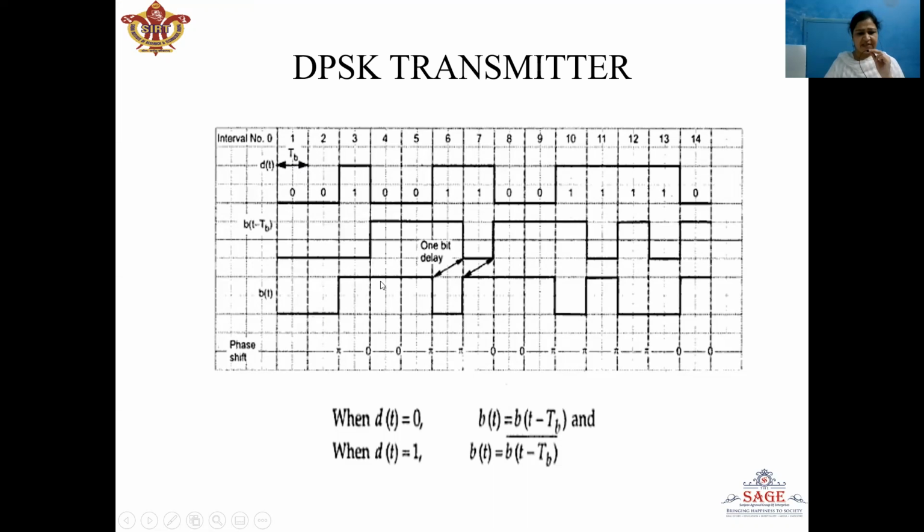Now by observing the waveforms of BT, BT minus TB and DT, we will see that when DT is equal to 0, BT and BT minus TB are exactly equal. But when DT is equal to 1, BT and BT minus TB are complements of each other.